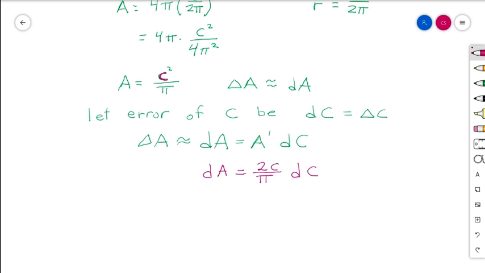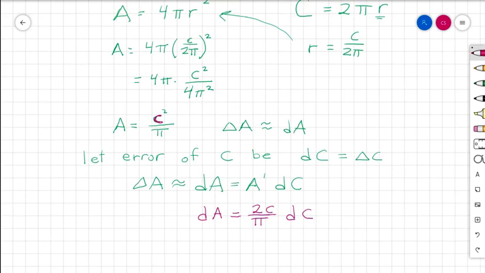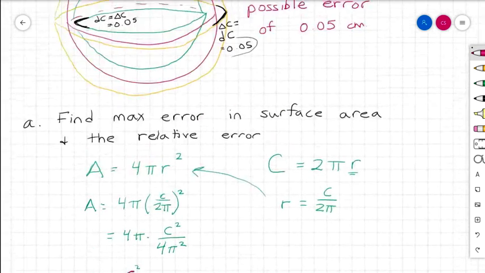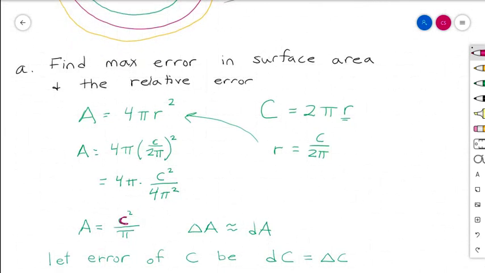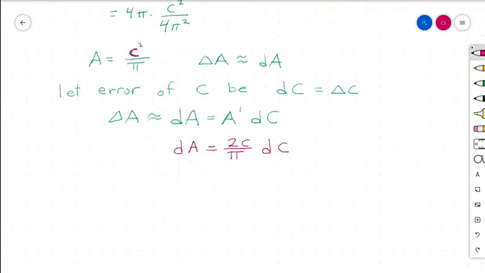So there you go, that's what we're looking at for the differential. And now we have that dc was given to us in the very first part of the problem as 0.05, and then the circumference is 84. So we can put all that stuff in.